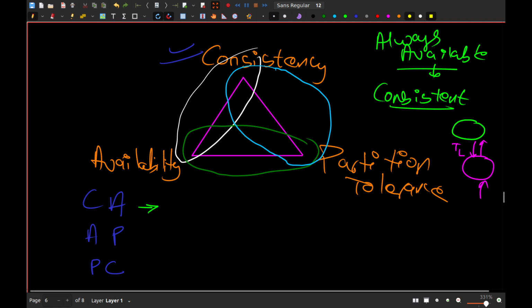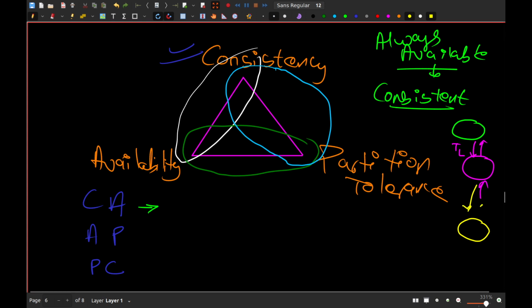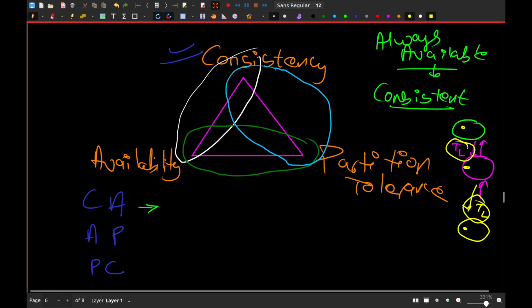In real life applications, there might be n number of servers. So there is some latency TL to update the data on each and every server. For example, if this memory is changed, it will take some time to update the data. So for complete consistency, this time should not be there.